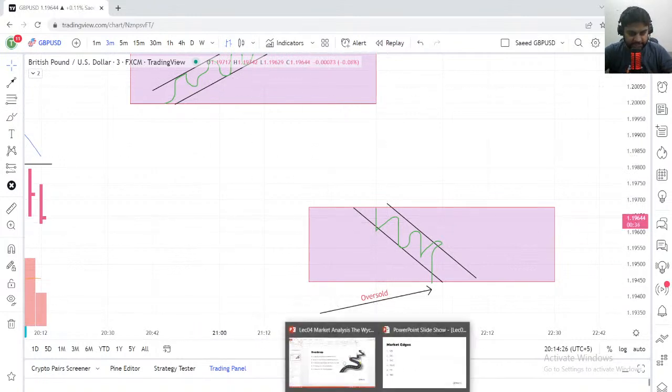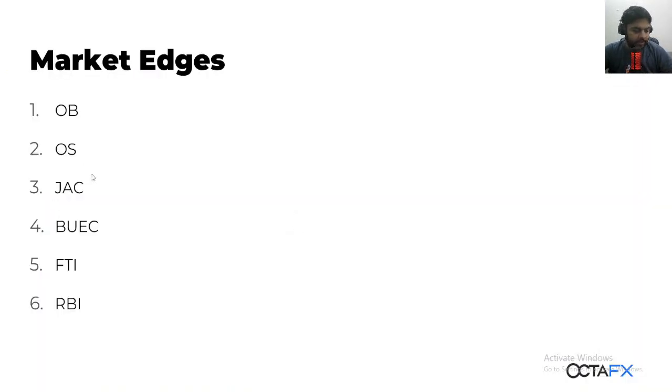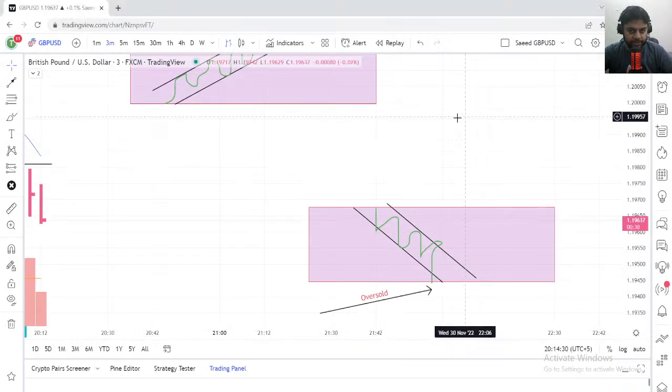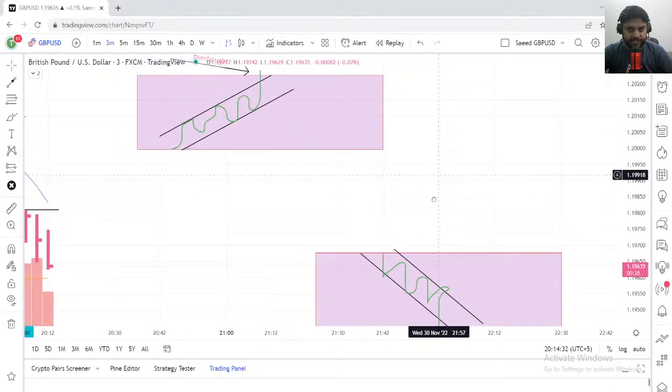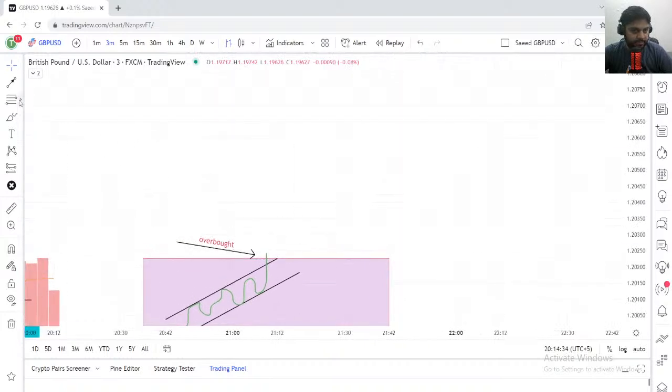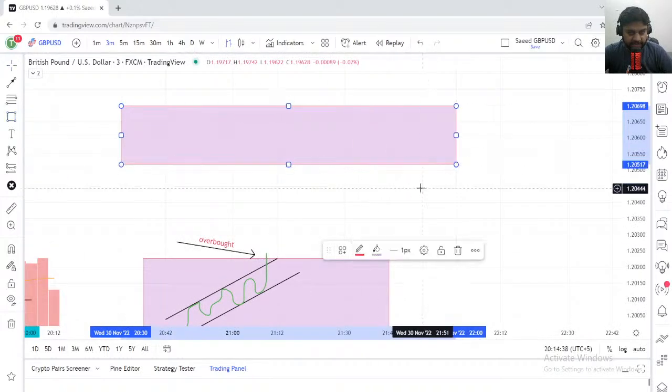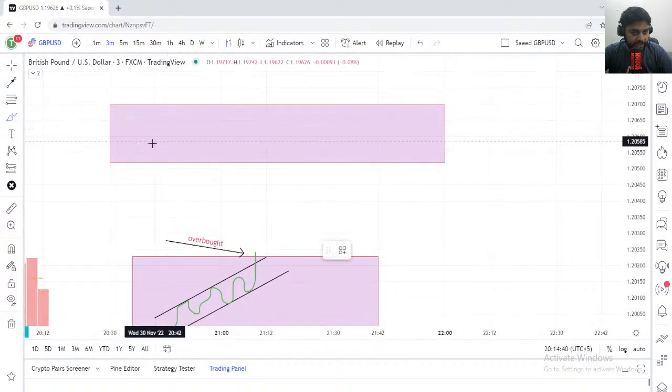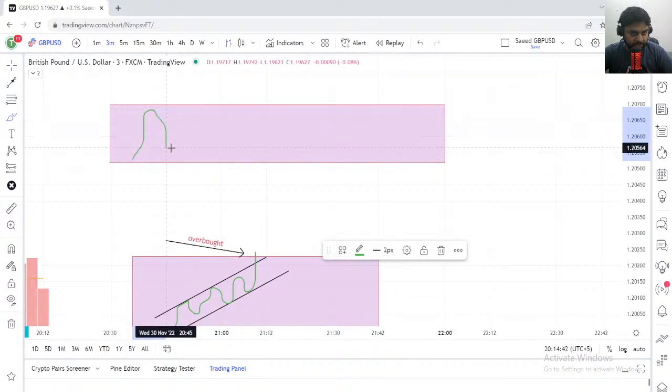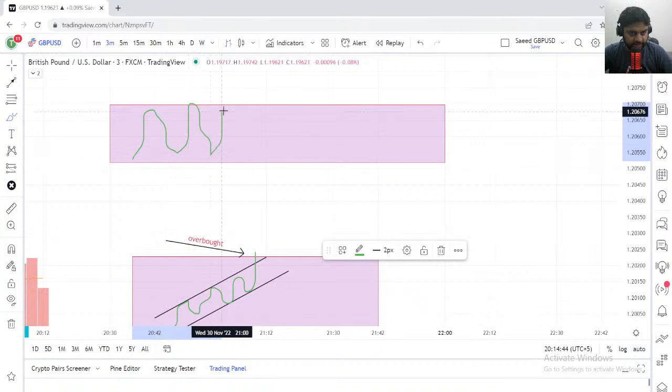How about a strategy? Then you have jump across the creek and BUEC. So what's the jump across the creek? A jump across the creek is when the market is coming out of a trading range. Remember, we will put together all these things in the context of a strategy. Look at this. This is a trading range, accumulation, and then the market goes up from here.